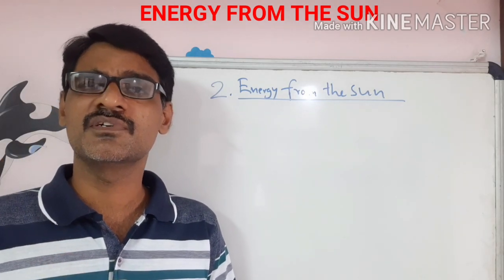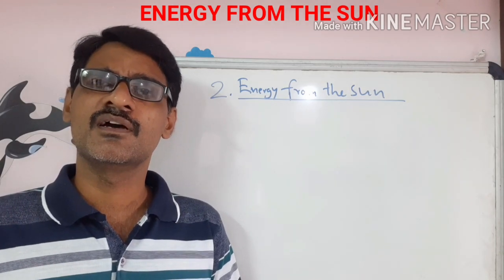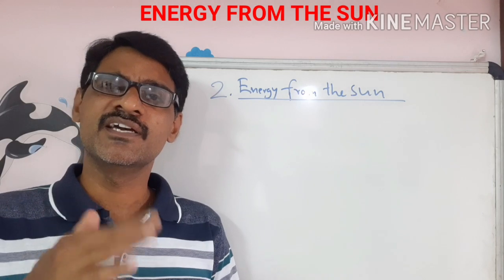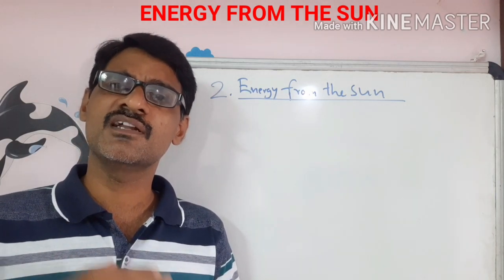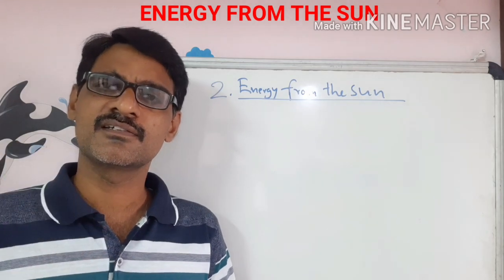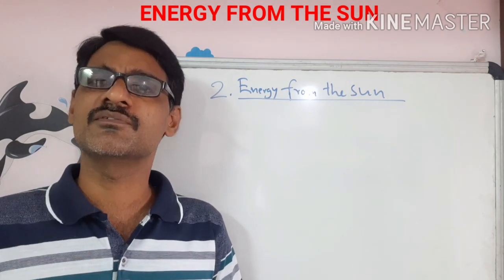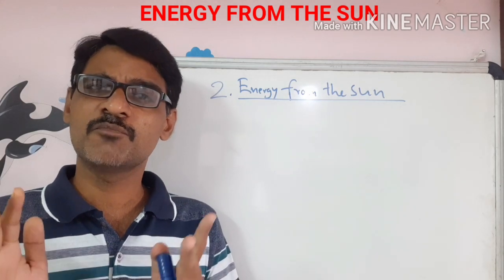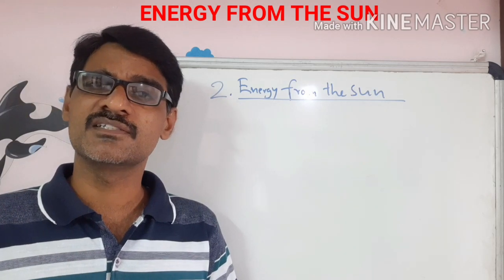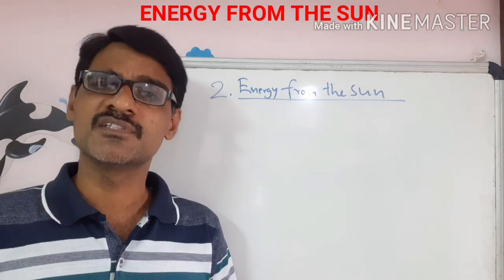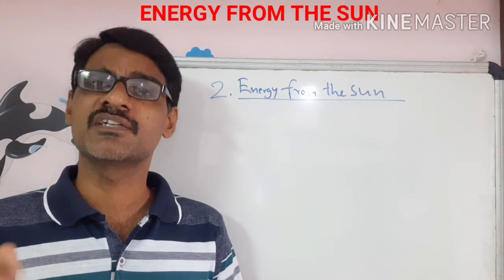Generally, we observe that in the morning we feel cool, and while the day is growing, the warm conditions are increasing, and in the evening again it cools down. In the same way, in some months we feel cool conditions, and in other months, for example in summer months, we feel hot.